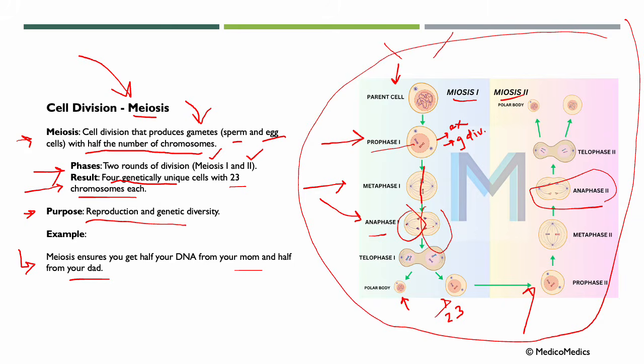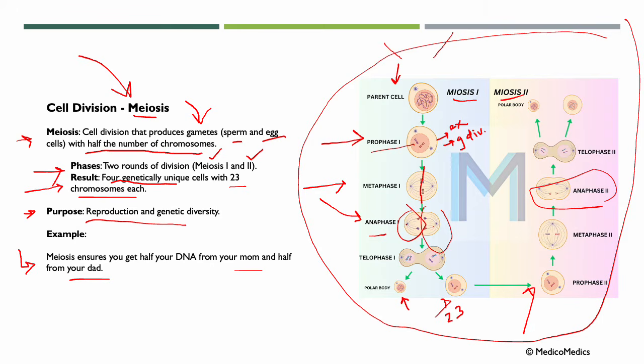And the end result of meiosis 2 is that each of the 2 haploid cells from meiosis 1 divide again, producing in total 4 haploid gametes, so sperm or egg cells in humans, each with 23 single chromosomes.